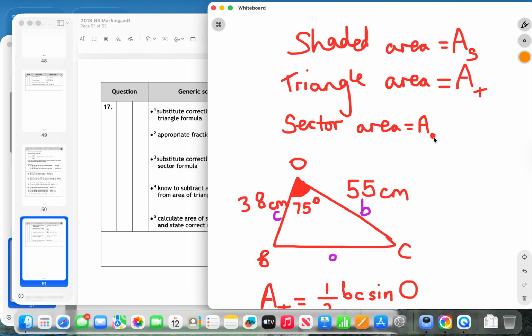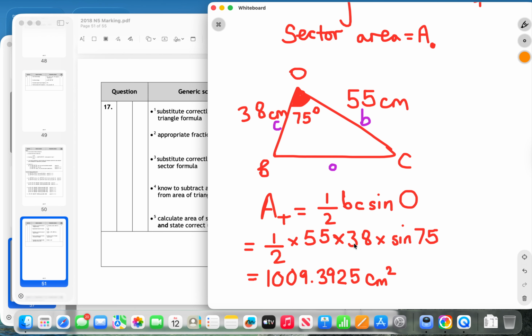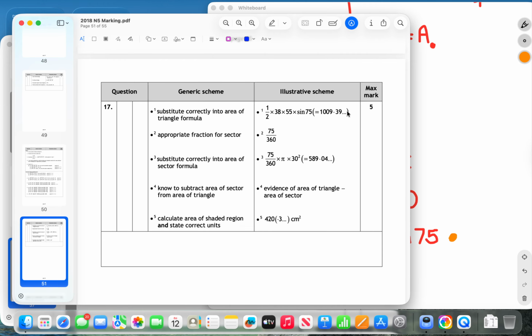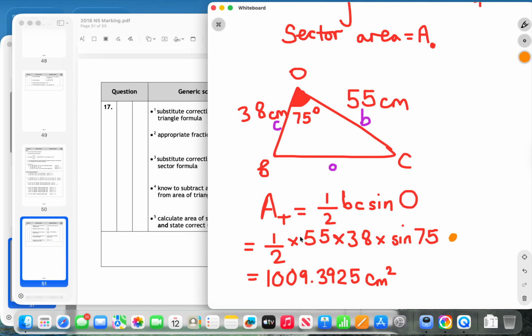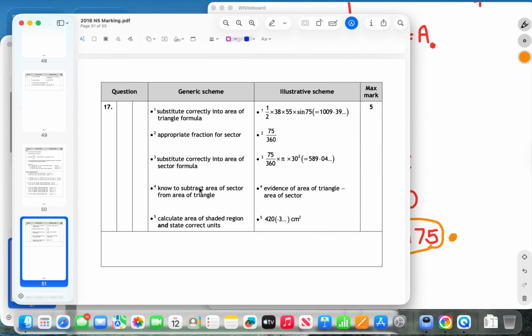So that would be for this. You don't have to get this answer to get the first mark. You just have to get up to this line. It's a bit odd why that's the case, but this line is 1 mark.